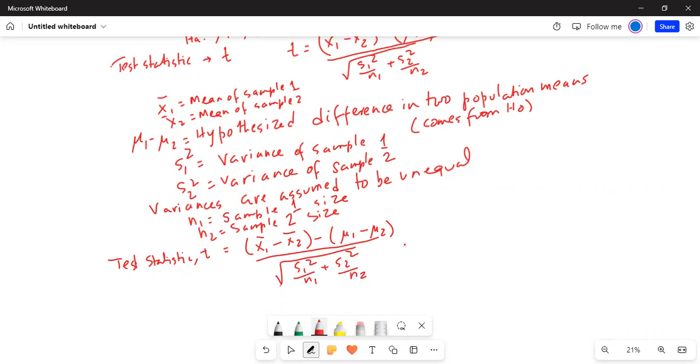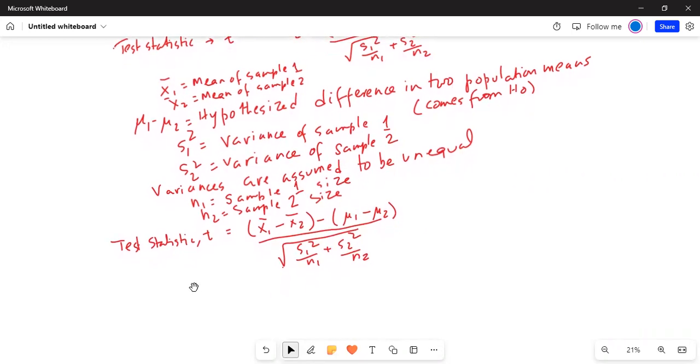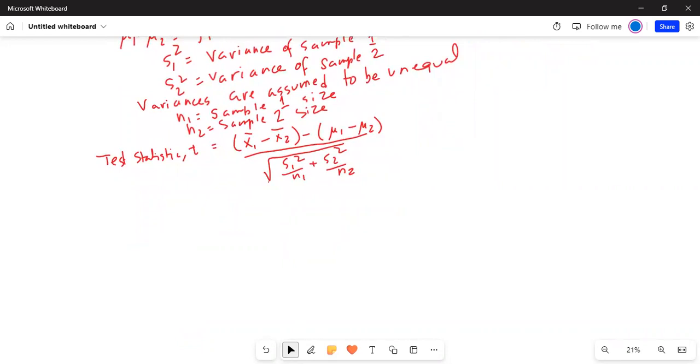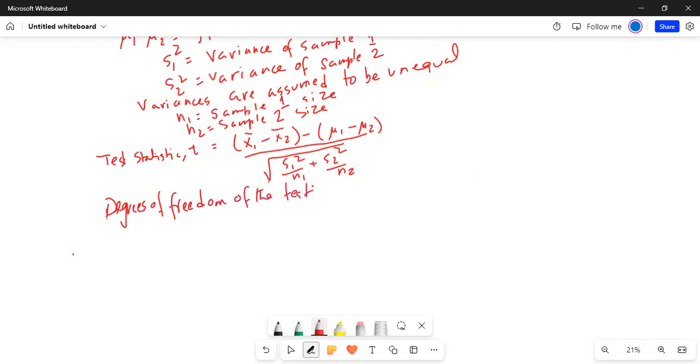Now, degrees of freedom of the test statistic are equal to the smaller of n1 minus 1 or n2 minus 1, whichever is small.